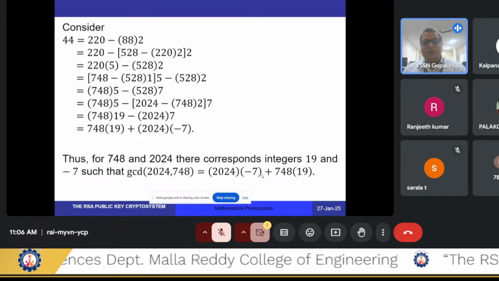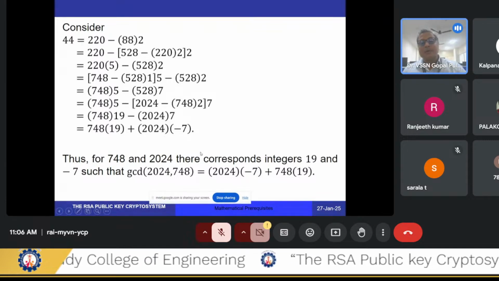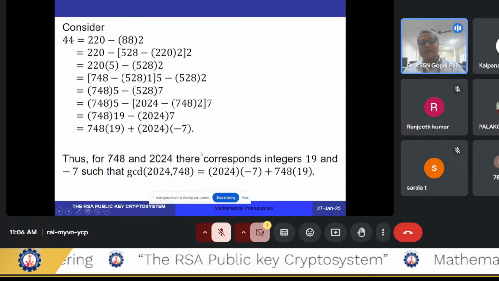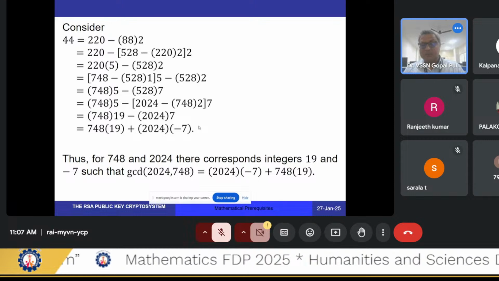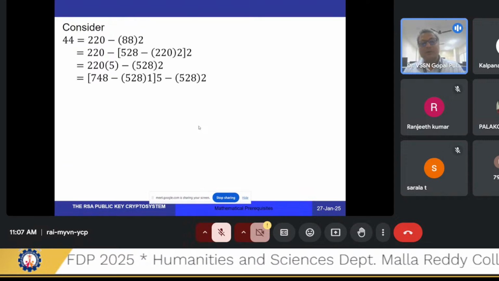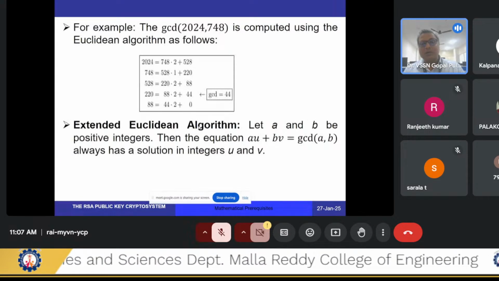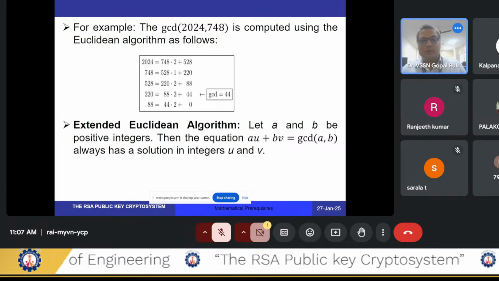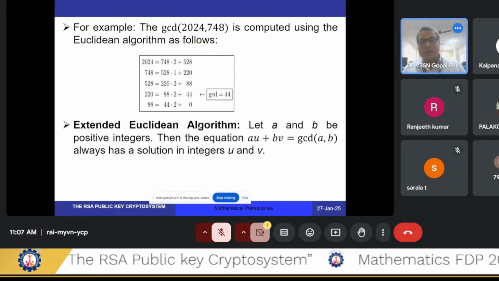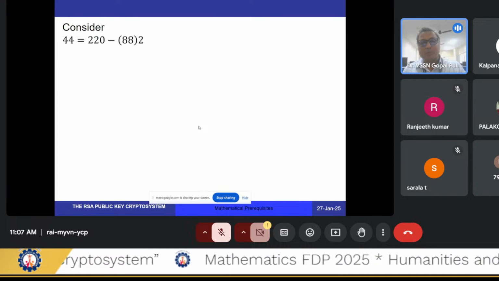So corresponding to the given two numbers, there exist two more integers, 19 and -17, satisfying this. That's what the extended Euclidean algorithm says. I hope this definition is also clear as we worked on a problem based on this.